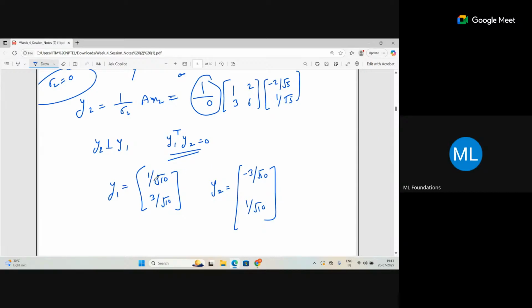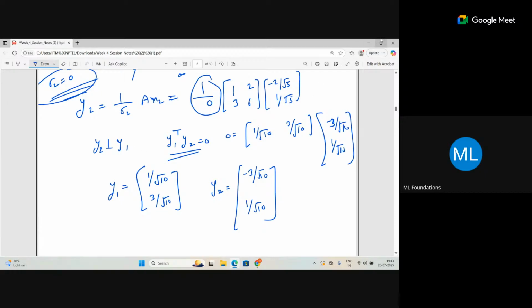So what will be y1 transpose? It will be 1 by root 10 and 3 by root 10 multiplied with minus 3 by root 10 and 1 by root 10. So this is minus 3 by root 10 plus 3 by root 10, equal to 0. That is why, if such a case occurs, you should know that these vectors are going to be perpendicular to each other. I just have to find out its orthogonal vector.